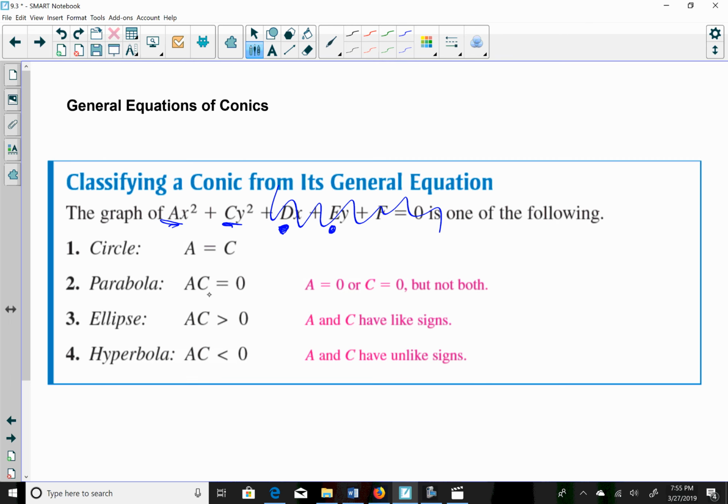If only one variable is squared, so you wouldn't have a c or you wouldn't have an a, then it's a parabola. If these are both squared and they're not the same, and they're both positive or both negative, then it's an ellipse. If one's positive and one's negative, then it's a hyperbola. So these are very simple to do.